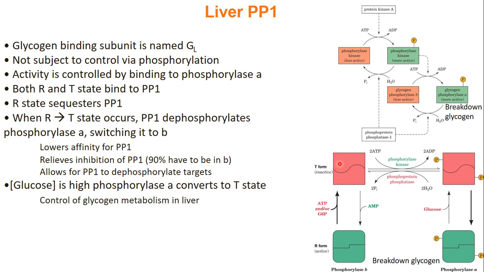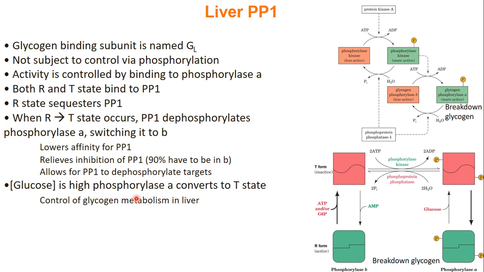When you're in phosphorylase B, PP1 can fly off and can start dephosphorylating other things like phosphorylase kinase to stop the breakdown of glycogen. Because if you have a lot of glucose, don't break down glycogen. Now in the liver, since you have so much glycogen, this will only happen if 90% of your phosphorylases are in B. So you have to have a lot of glucose around until you're going to stop breaking down glycogen in the liver.